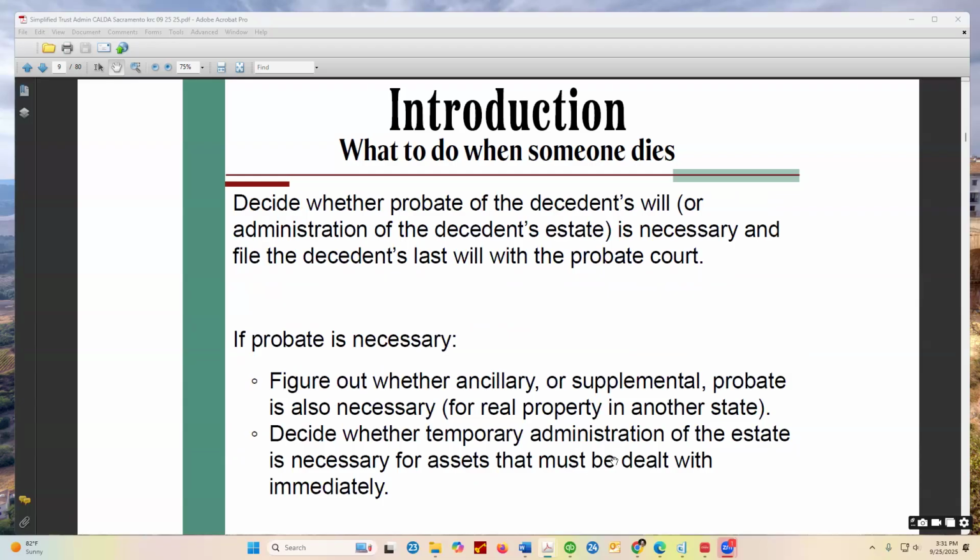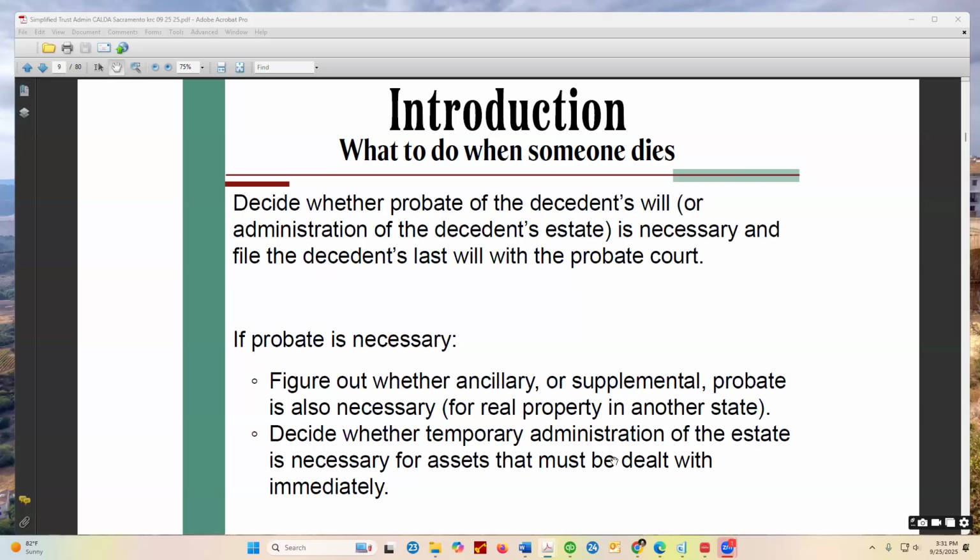Decide whether there's going to be a probate of the will, see if it's necessary. When assets are titled in the name of the trust, you don't have to be concerned about a will. But when assets are left out of the trust and they were in the decedent's name alone, it creates problems if the value of all that property, real or personal, exceeds $184,500 for the decedent.